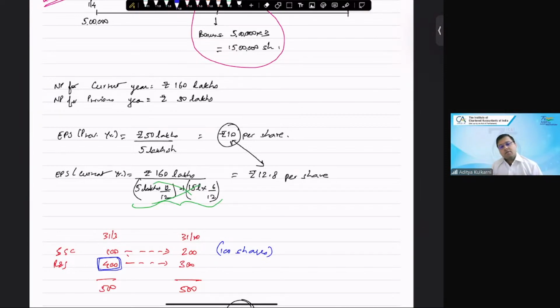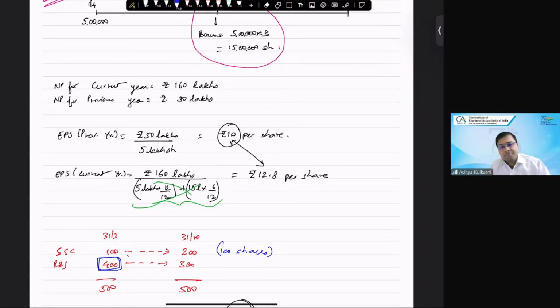Earliest day of reporting for my financial statements is not the opening day of current year. It is opening day of previous financial year. Do you agree? Yes, sir. So when I do my bonus shares, they are assumed to be present in the capital structure right from the first day of the earliest reporting period.